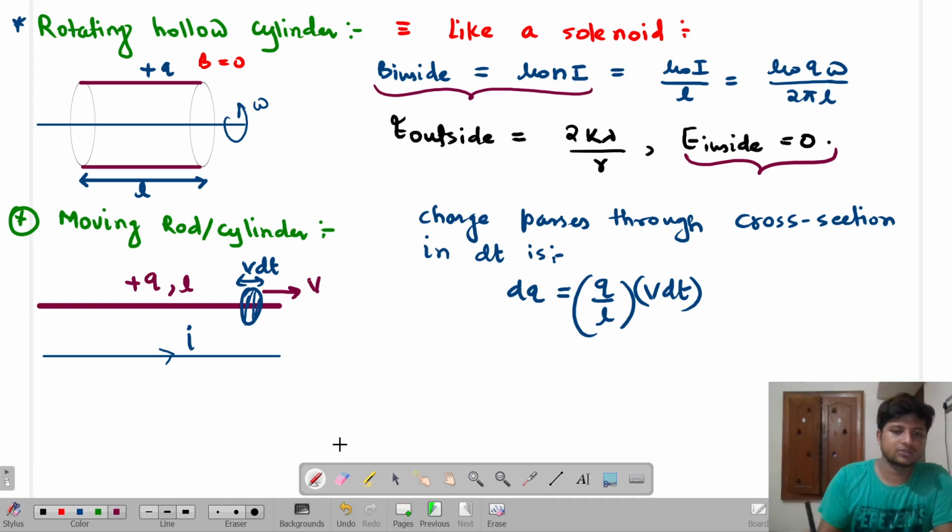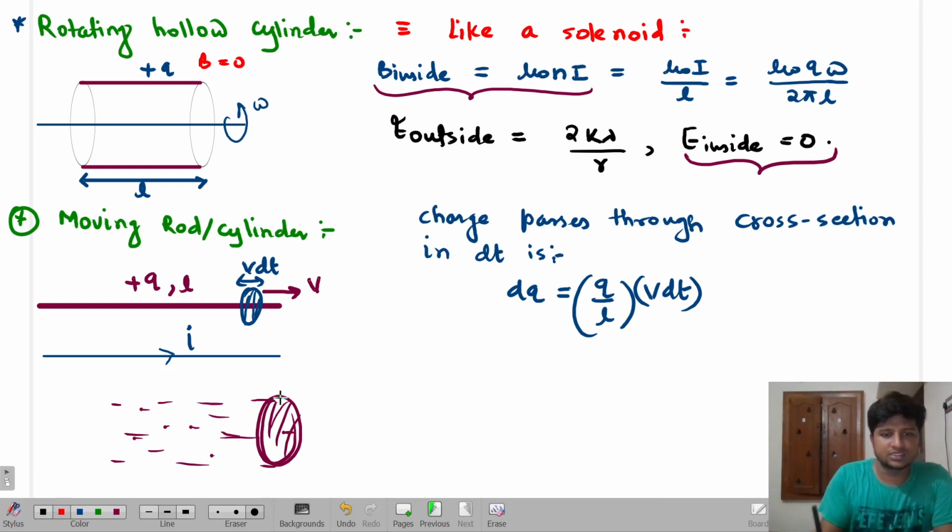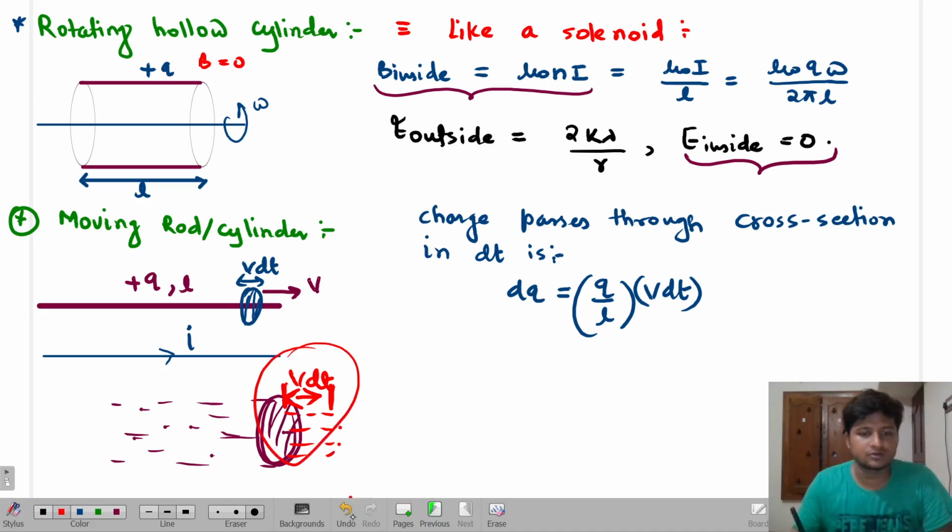Once again, I'll show you. Basically, some amount of charges are crossing, and this is my area of cross section. So the question arises: in a very small time interval, how much charge passes? Those charges which are present in this particular length, created by v dt, will pass. Whatever charge is present in this region, that will only pass.